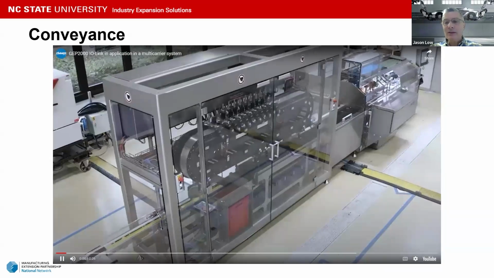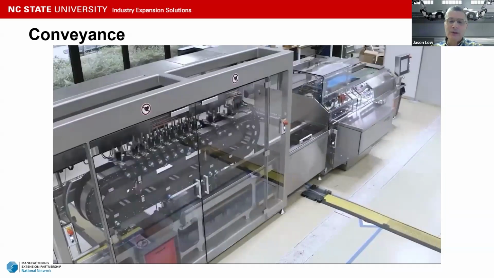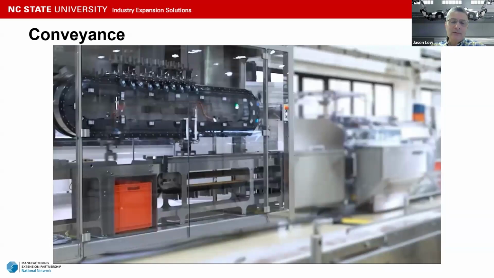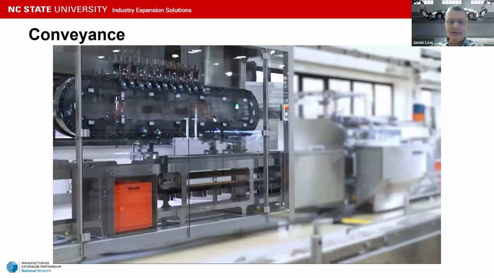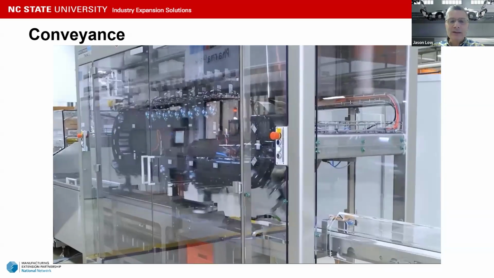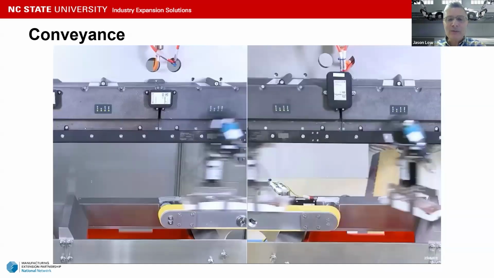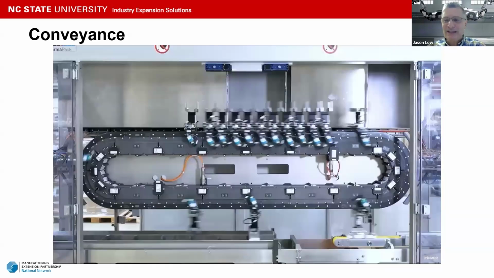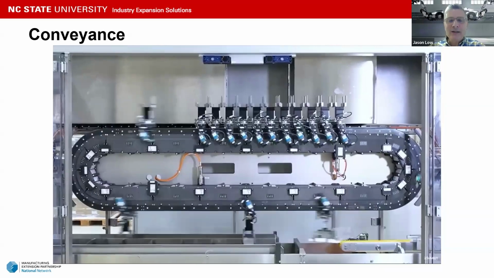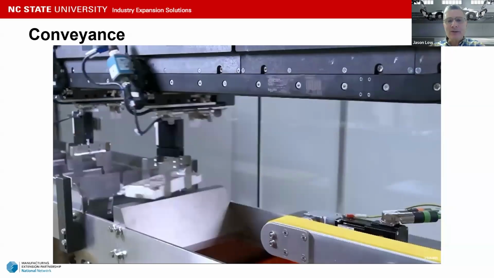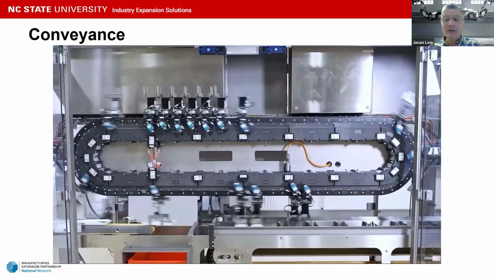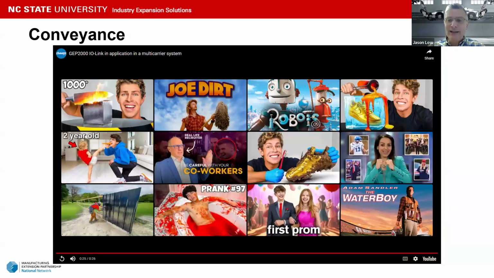So as we look at this, there's no audio for this particular video, but we have this machine that is basically taking product, and again, we're not privy to exactly what the product is, but there's this circulatory conveyor that is handling the actual. I'll play that again as I talk over.